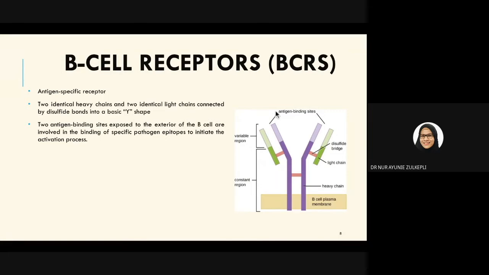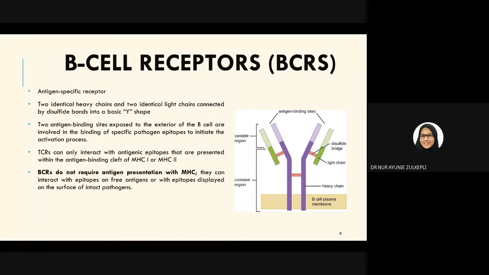It makes a Y shape. There are two antigen binding sites exposed to the exterior of the B cell that are involved in binding to specific pathogen epitopes to initiate the activation process.